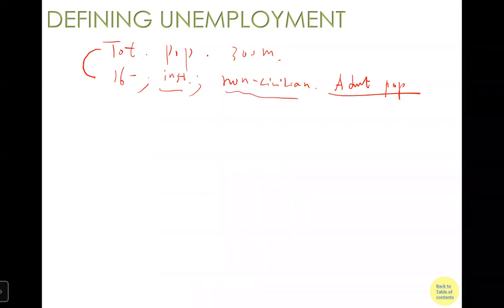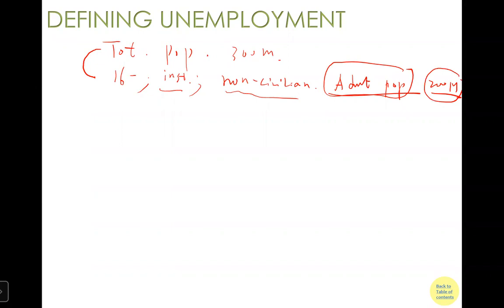Then we end up with close to 200 million in this adult population. This is where we start to look at the labor market.